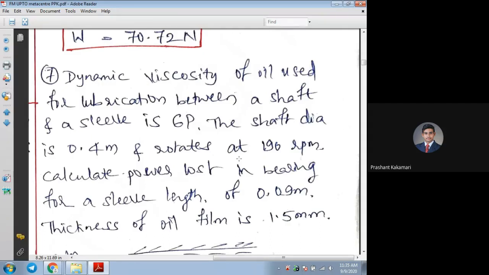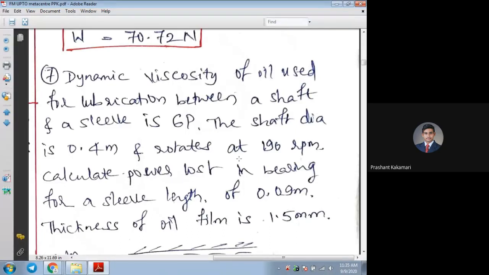That area we need to consider. Length is given, area is not given, so we need to find the area. For this distance only, we can calculate the viscous effect between the shaft and the lubricant. That is 0.09 meters.